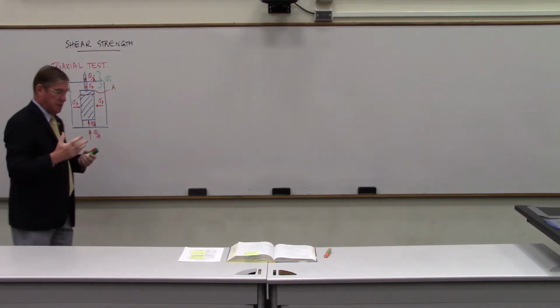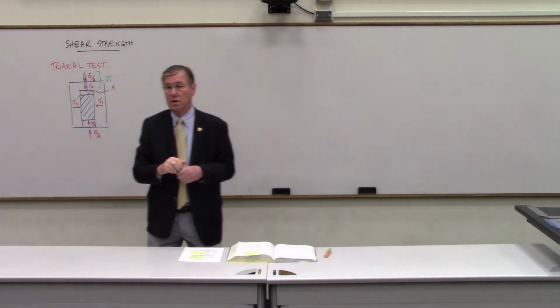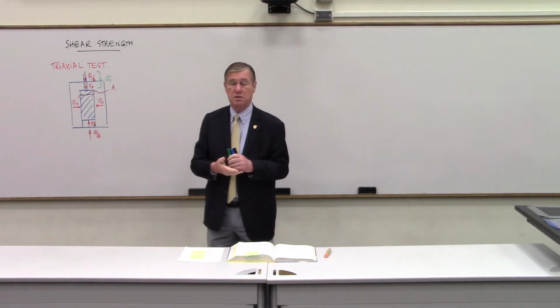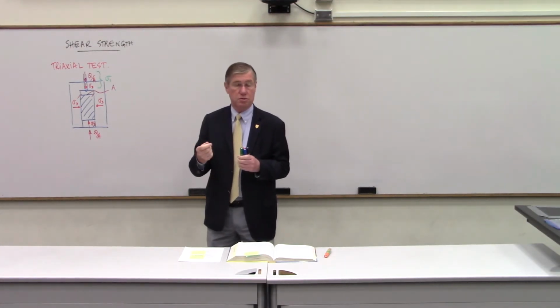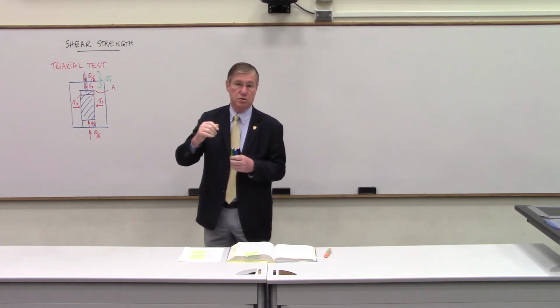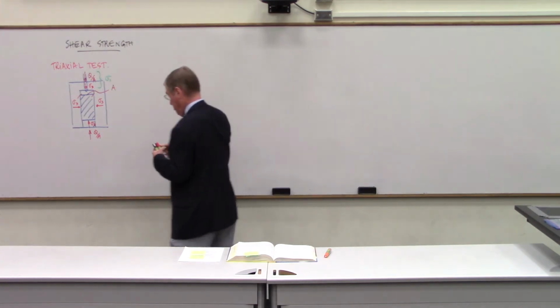And you remember that there are stresses in any material, and that these stresses act on various planes. Whenever you talk about a stress, you have to define the plane. And there are planes such that the stress on that plane is only a normal stress, there's no shear, and that's the definition of the principal stress.